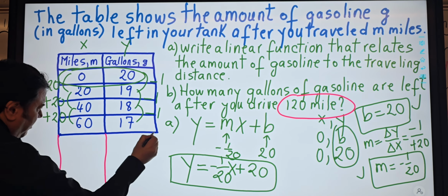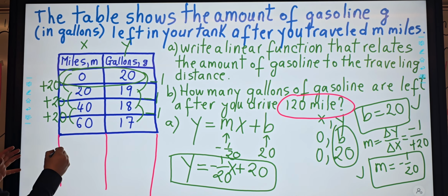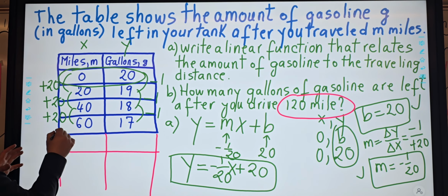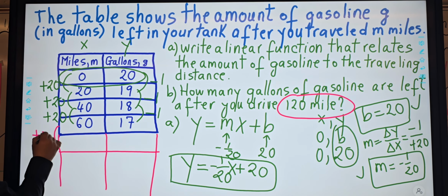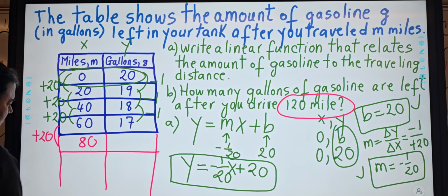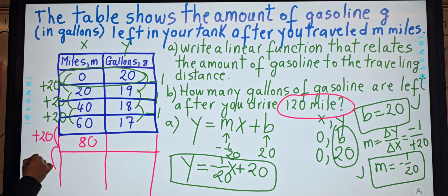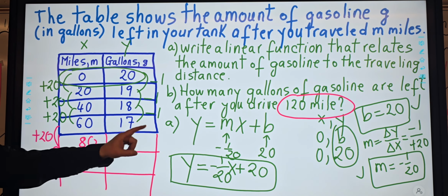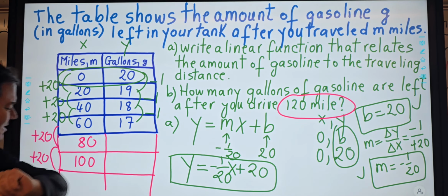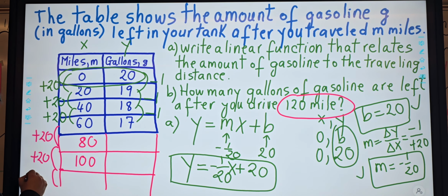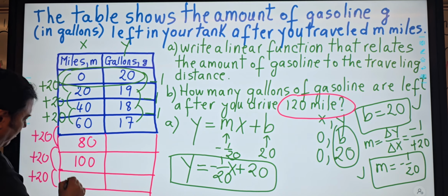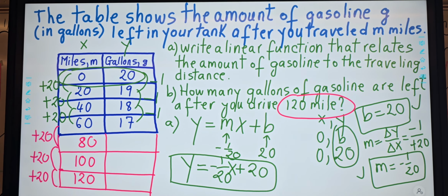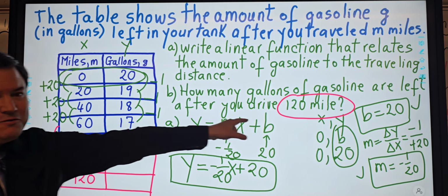If we increase by 20 more, plus 20, we get 80. Now if we add another 20, we get 100. But we are looking for 120 miles. So let's add 20 one more time. And now we get to 120. That is exactly what we are looking for.